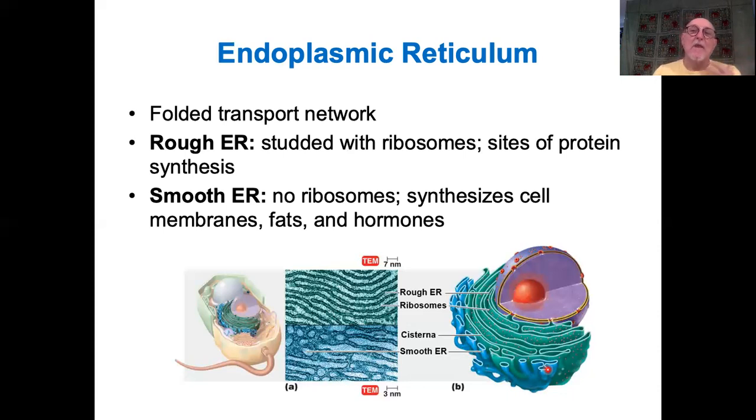And it's in the smooth endoplasmic reticulum that the detoxification takes place. So, for example, in us, our liver is one of the sites of major detoxification activity, and our liver cells are absolutely packed with smooth endoplasmic reticulum. That's just one of the things they detoxify: alcohol. That's one of the principal responsibilities of smooth endoplasmic reticulum in the liver.